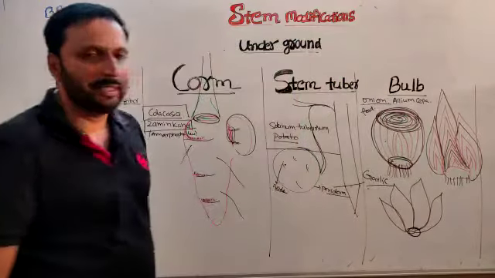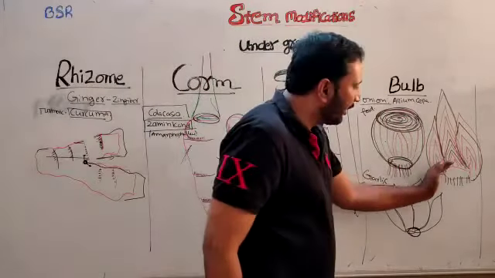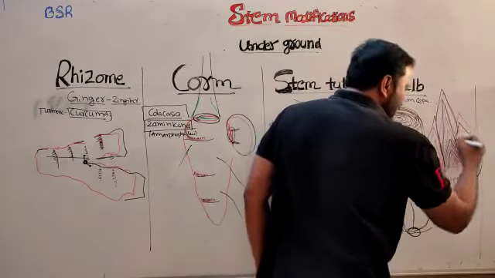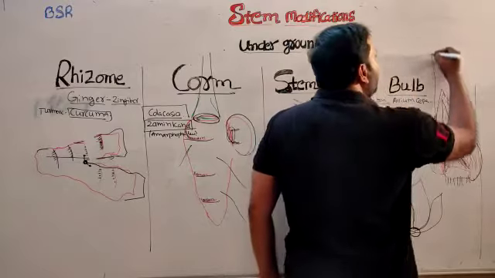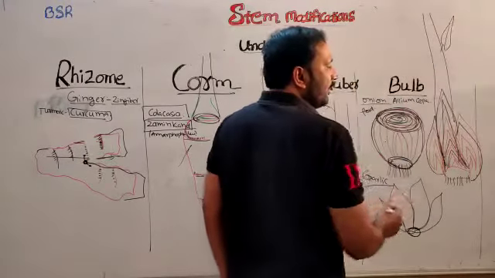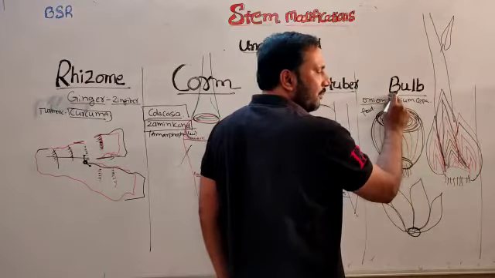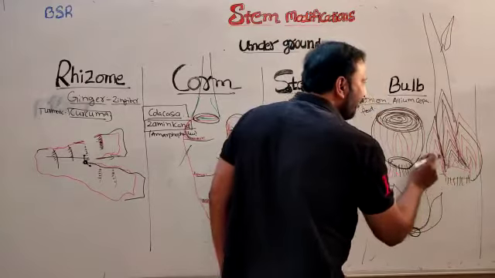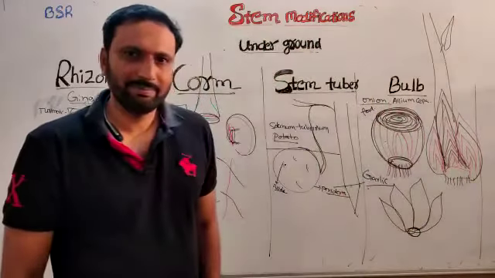Look at another diagram. Here the apical bud is at the center. The apical bud forms the aerial shoot. The axillary bud forms a daughter bulb. So daughter bulbs can detach from the mother plant and are helpful for vegetative propagation.